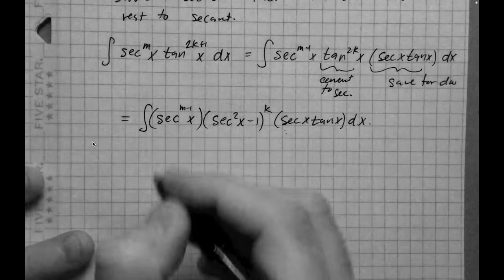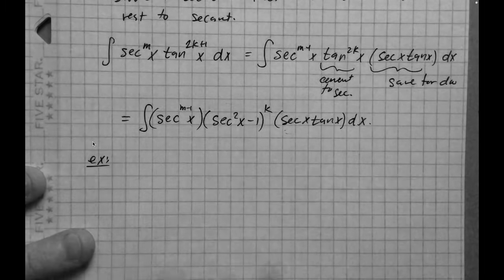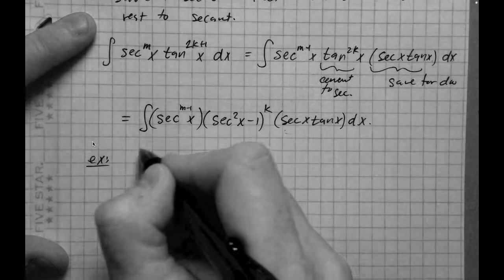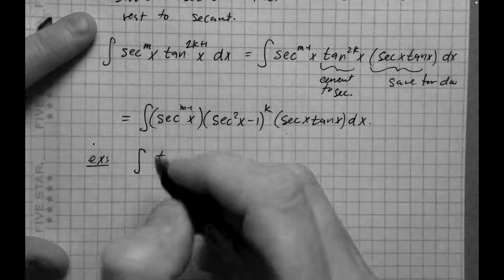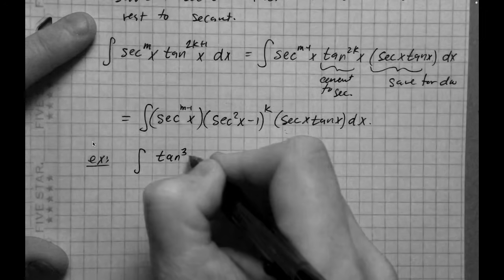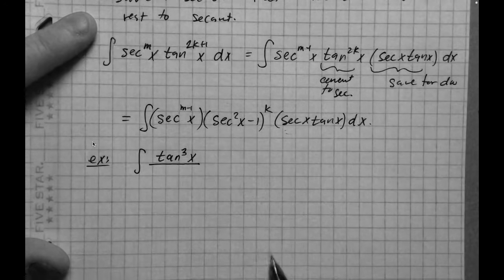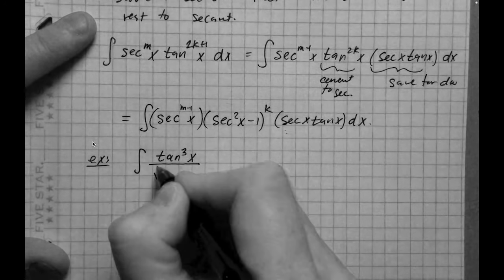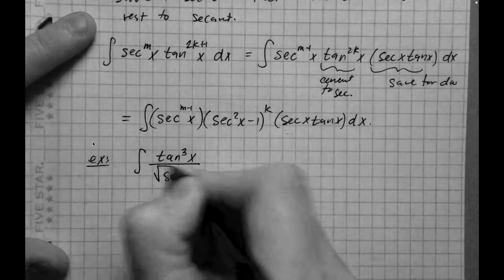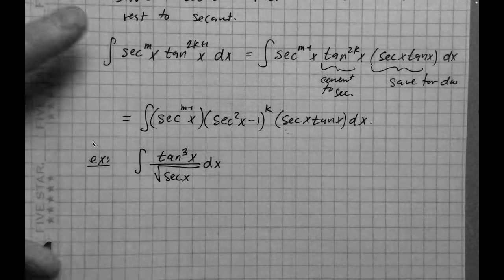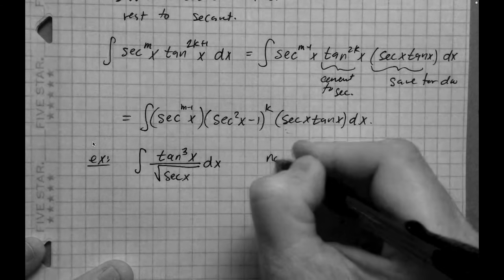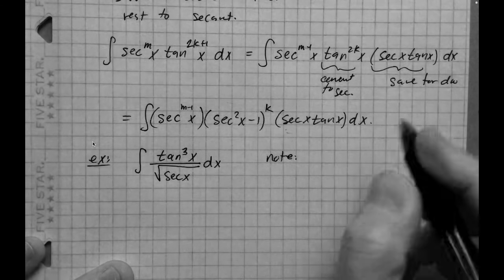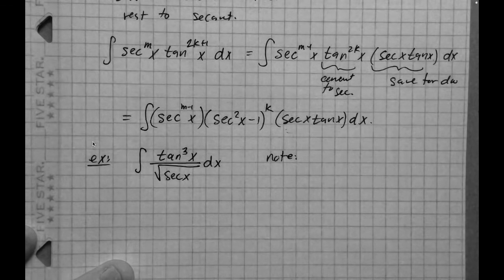Okay, so let's do an example. Let's say we want to evaluate this integral: tangent of x, tangent cubed x, divided by the square root of secant. Notice tangent is odd.